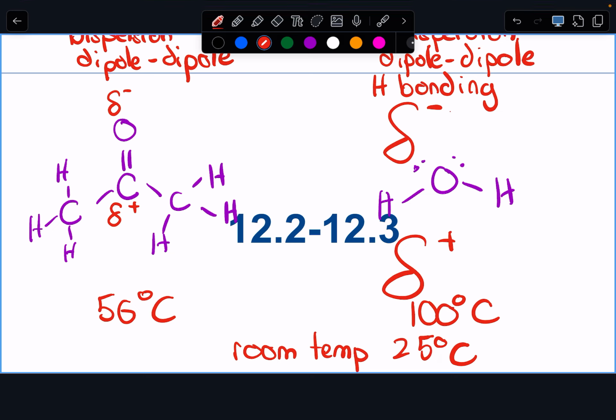But you can smell acetone a lot more readily than you can smell something else. If you had the same concentration of acetone as ethanol, and ethanol's boiling point is like 78 degrees C, so if you had 50% ethanol in water and 50% acetone in water, you would smell more of the acetone than you would of the alcohol.